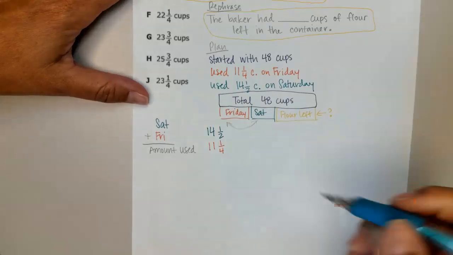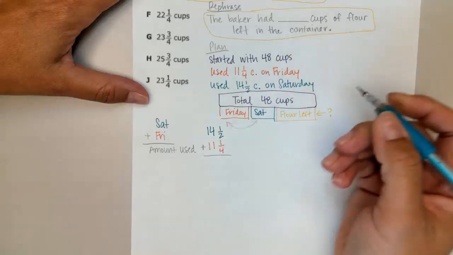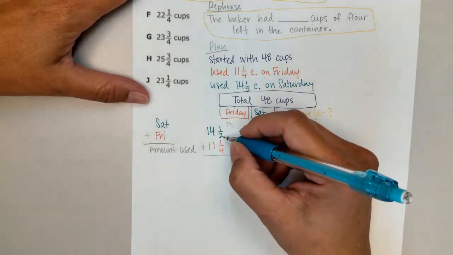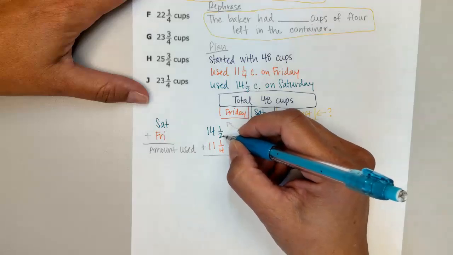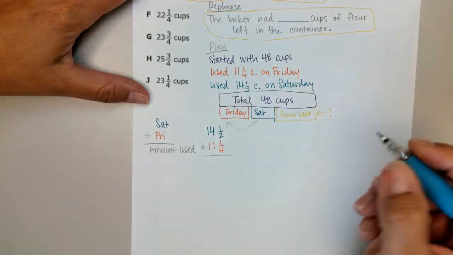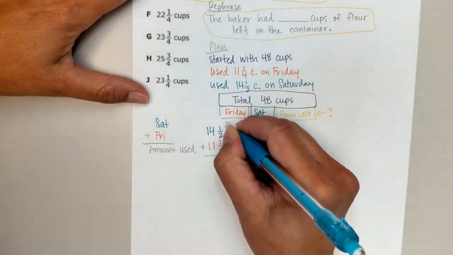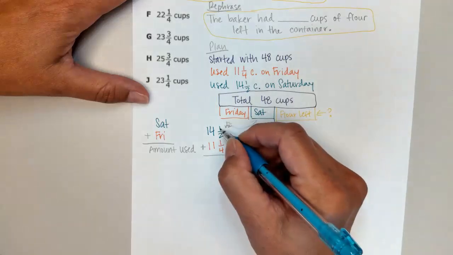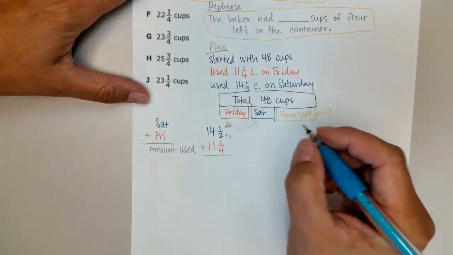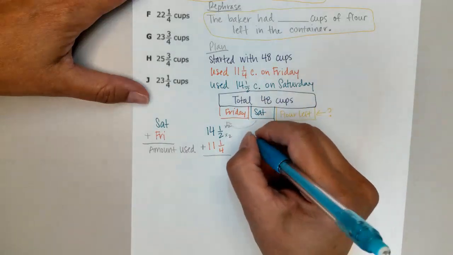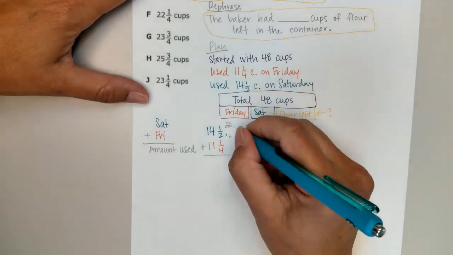So if I'm adding my fractions, I know that I have to have a common denominator. These two denominators are kind of nice. They talk to each other well because I know that I can multiply 2 by something to make 4. So I can multiply 2 by 2, and remember you have to multiply your numerator and your denominator by the same number so that this fraction stays equivalent. So I multiply my numerator and my denominator by 2 to create my equivalent fraction.